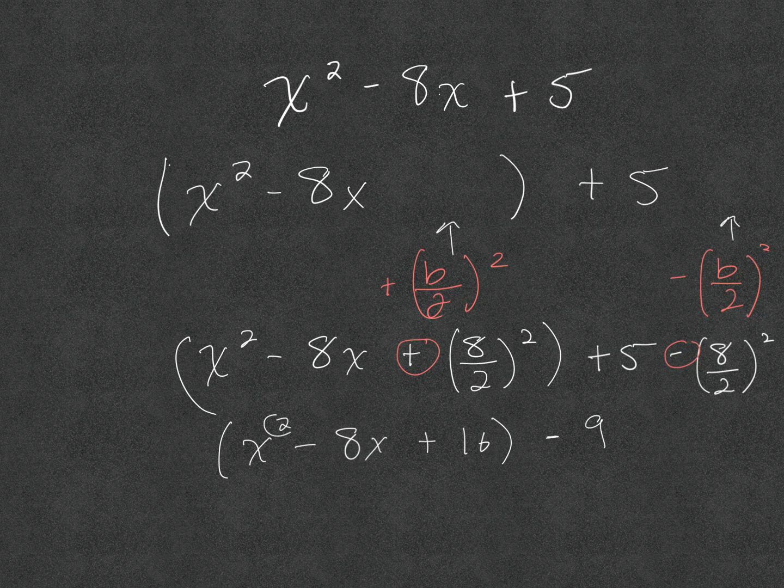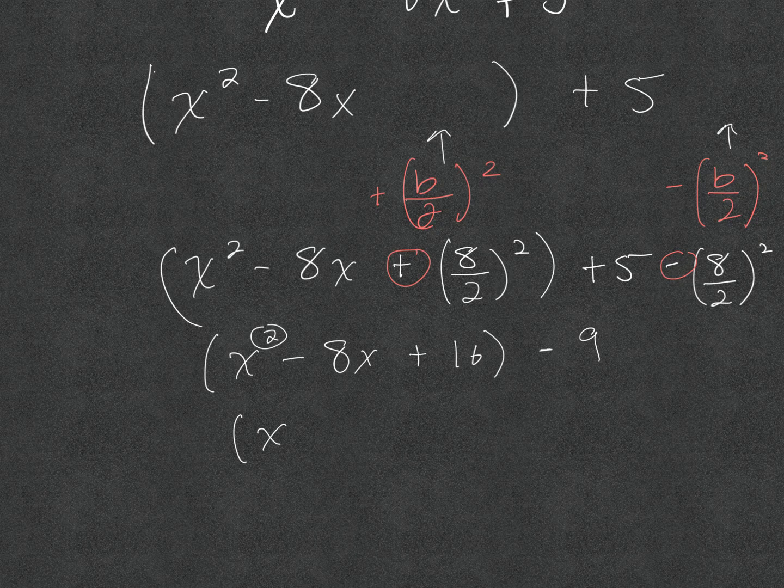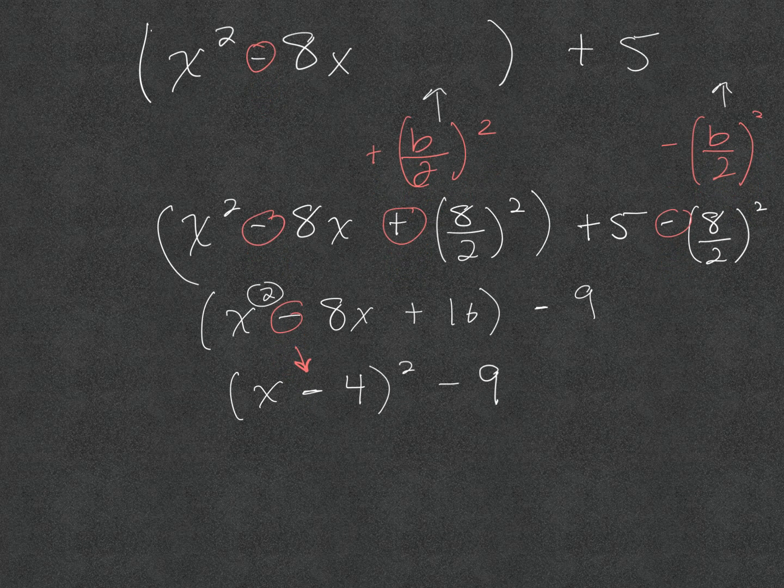Sorry, there's a square there, right? Okay, now we're going to get x minus, the same minus follows, so there's a minus here, okay? And it's going to be b divided by 2, which is 4, squared, minus 9, okay?